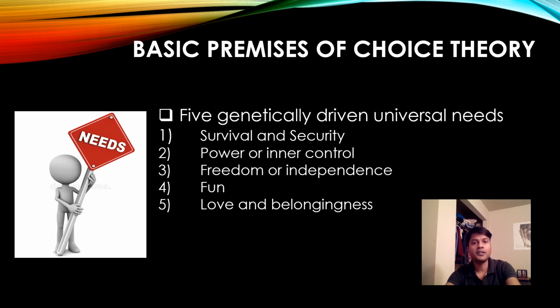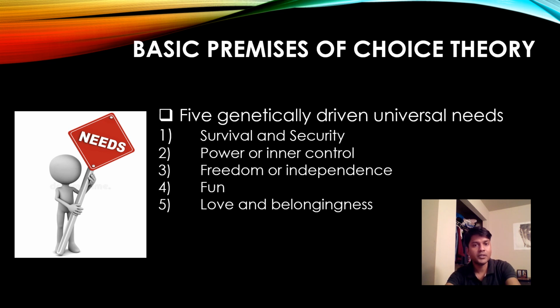The second need he talked about is the need for power. Power doesn't mean to rule over others. What he means is to achieve, to have a sense of achievement, to be competent, to be skilled, to be recognized for our achievements, to be listened to, and have a sense of self-worth.